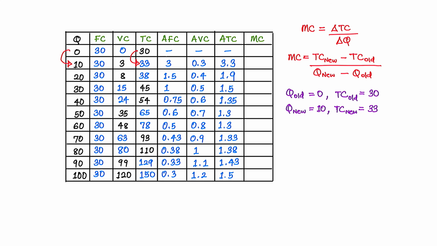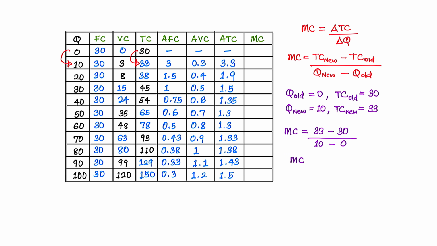When quantity is 10, the total cost is 33. So having this, we can calculate the marginal cost. The marginal cost, which is equal to change in total cost. And to get the change in the total cost, we say the new cost, which is 33, minus the old cost, which is 30, divided by the new quantity, which is 10, minus the old quantity, which is 0.